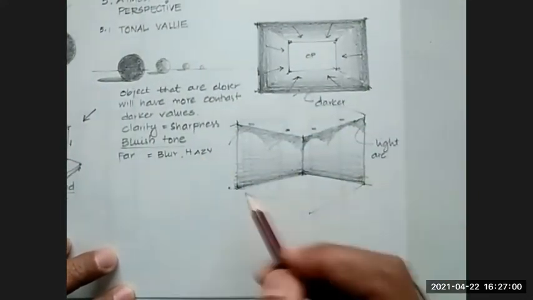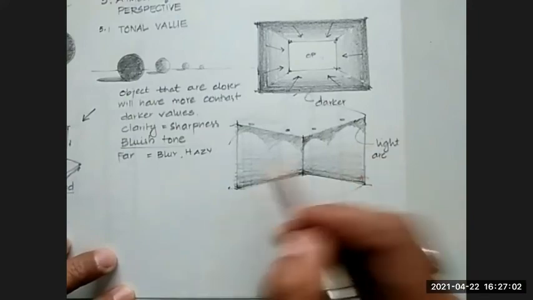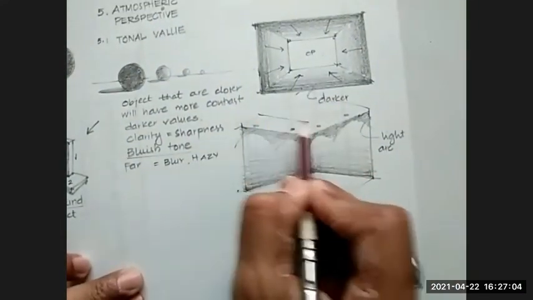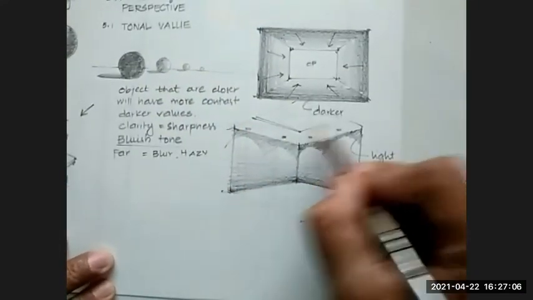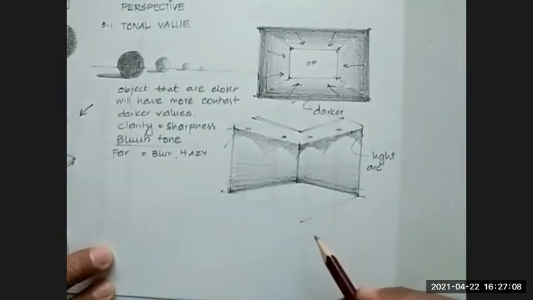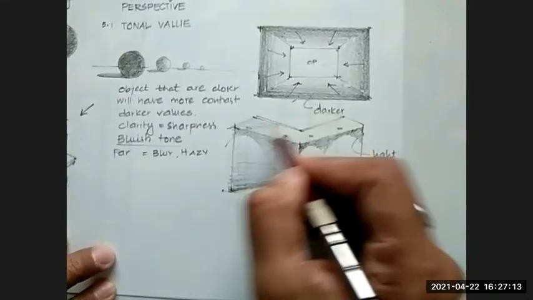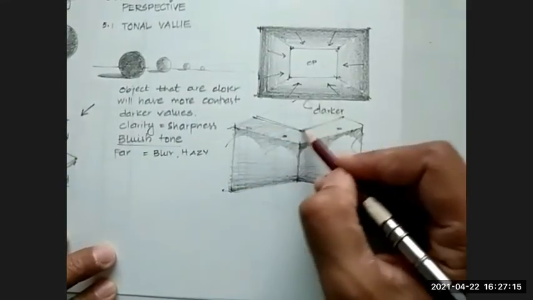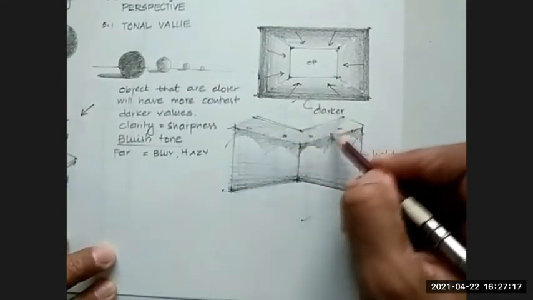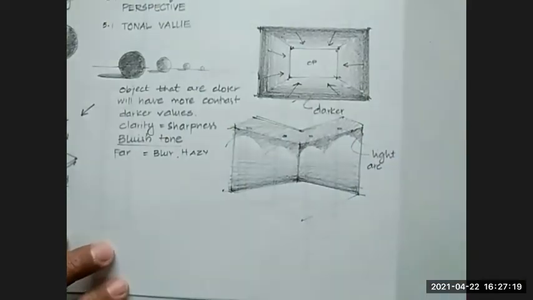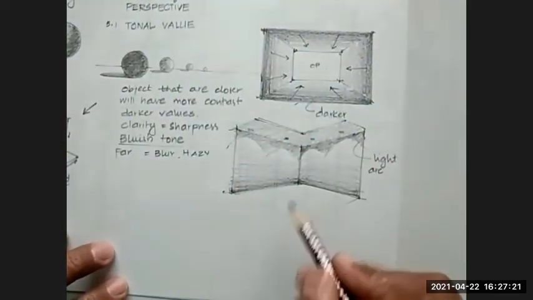It looks like a space, right? And let's say this is the false ceiling. Ceilings always appear darker because they don't receive direct light. And now you can see the overall ambience of the space.